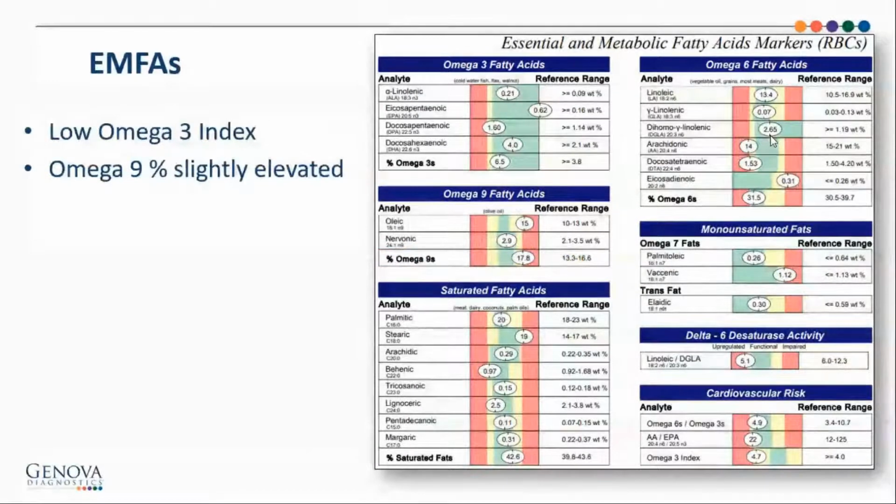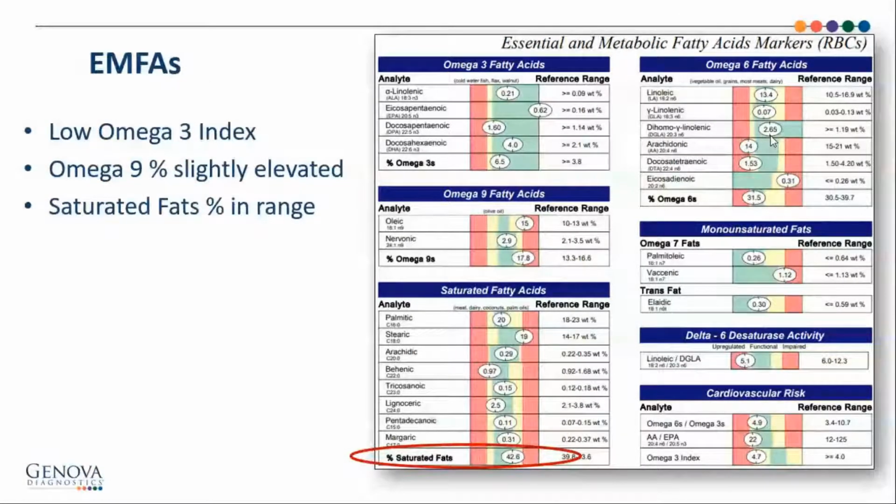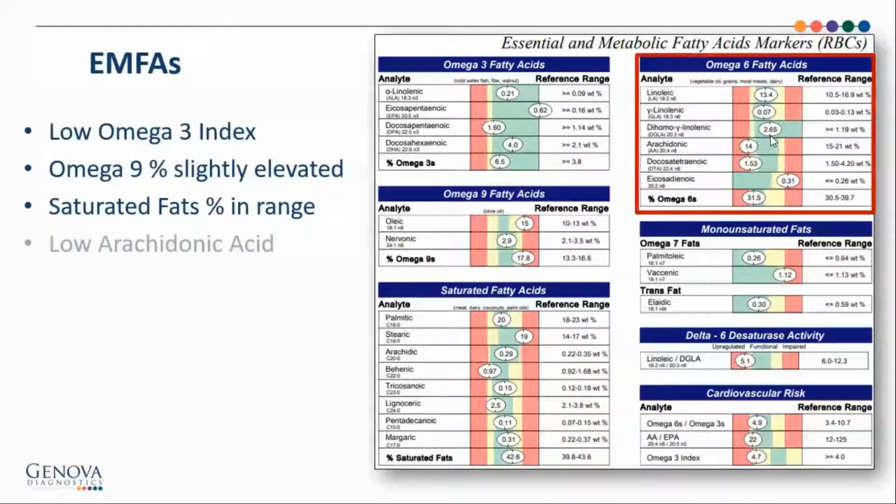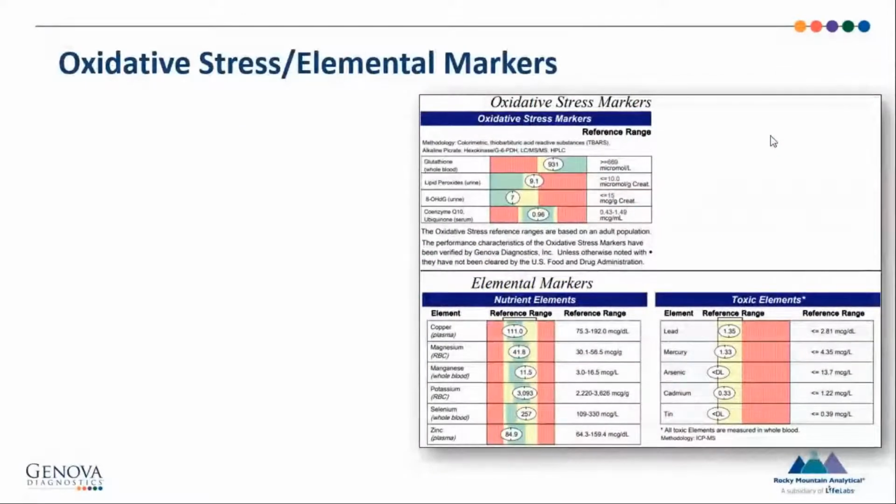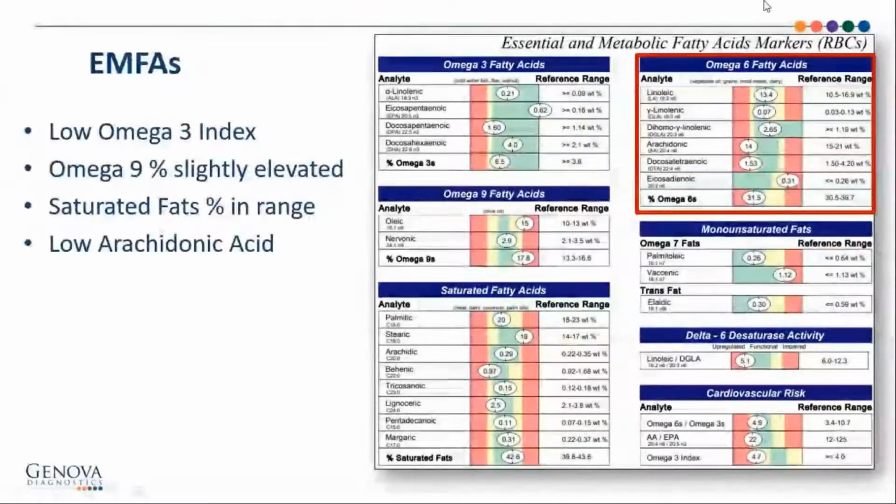There are anti-inflammatory mechanisms that come with omega-9s. Her saturated fat percentage is in the range, nothing really strong there. And she does have a really low arachidonic acid. So, that can be a problem as well. So what I'm seeing overall here is a need for omega-3s and some imbalances and that low arachidonic acid.